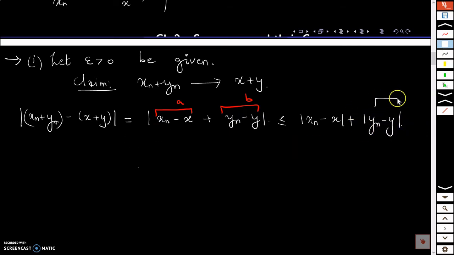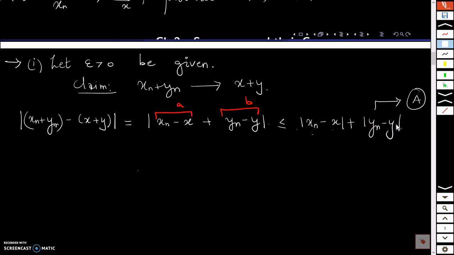So I will call this expression, let's say, capital A. So we have this quantity, the difference of these two is less than or equal to this term. Now, can I get an estimate of xn minus x somehow and yn minus y? How will I get this?